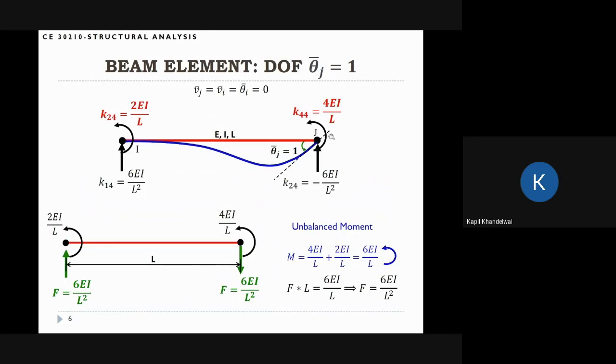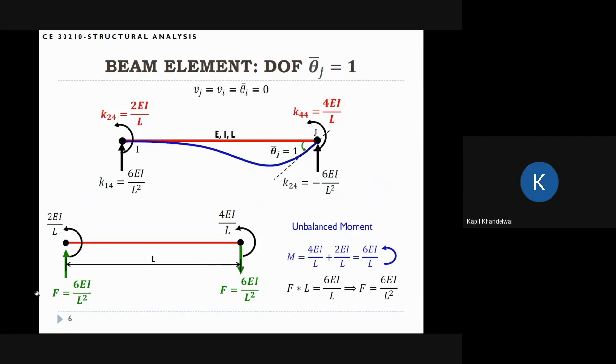So you always remember that we are rotating in the positive sense. So the rotation is positive as we are using the right-hand rule. So it's actually the anti-clockwise direction that is the positive sense here. So the moment at the fourth degree of freedom is 4EI by L, and the second degree of freedom is half of it. So it's 2EI by L. So these are the 2 numbers that we already saw in the other case. And finally, we can find, based on these 2 unbalanced moments, that the force here should be 6EI by L square.